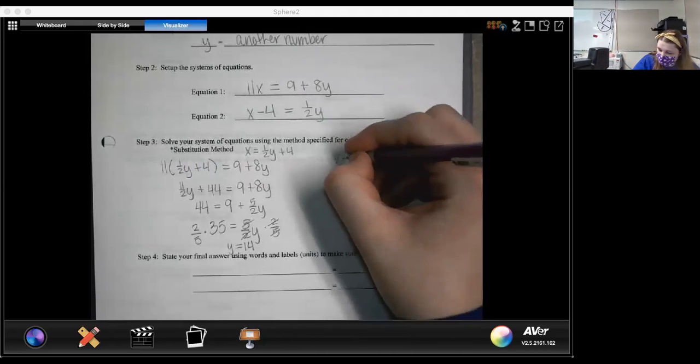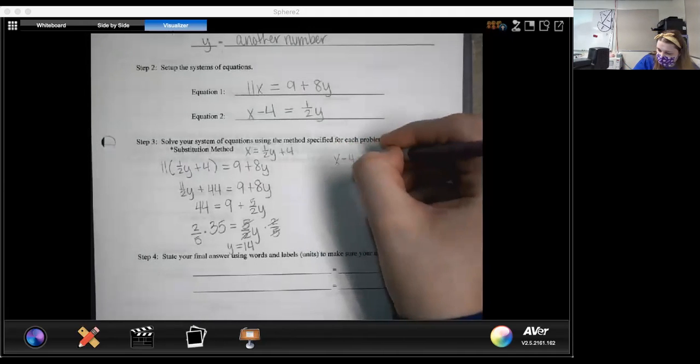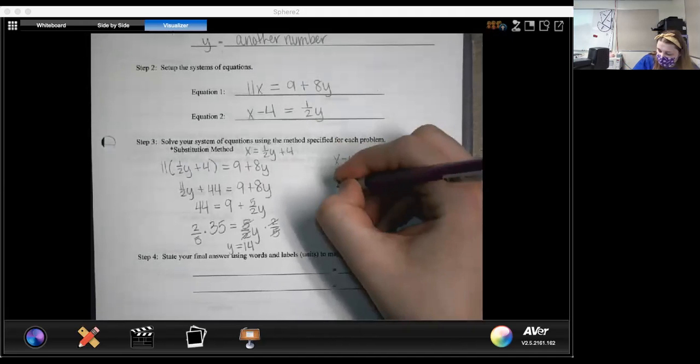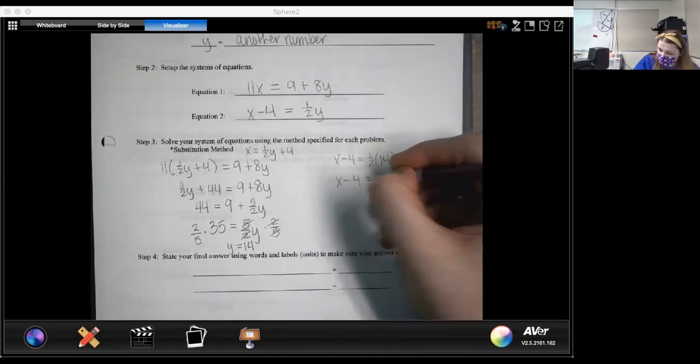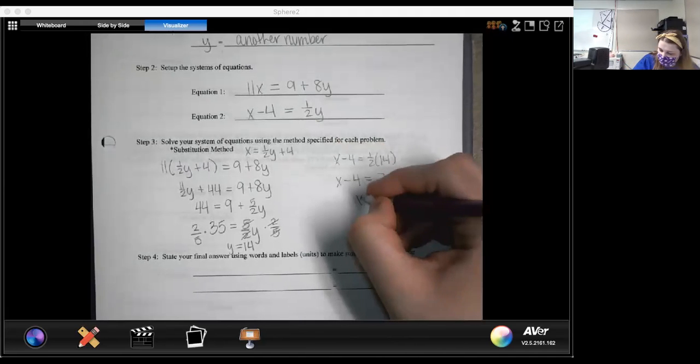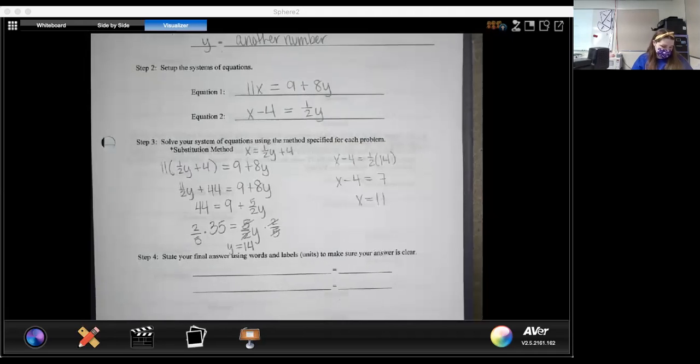So x minus 4 equals 1/2 of 14. X minus 4 equals 7. Add the 4 and x equals 11.